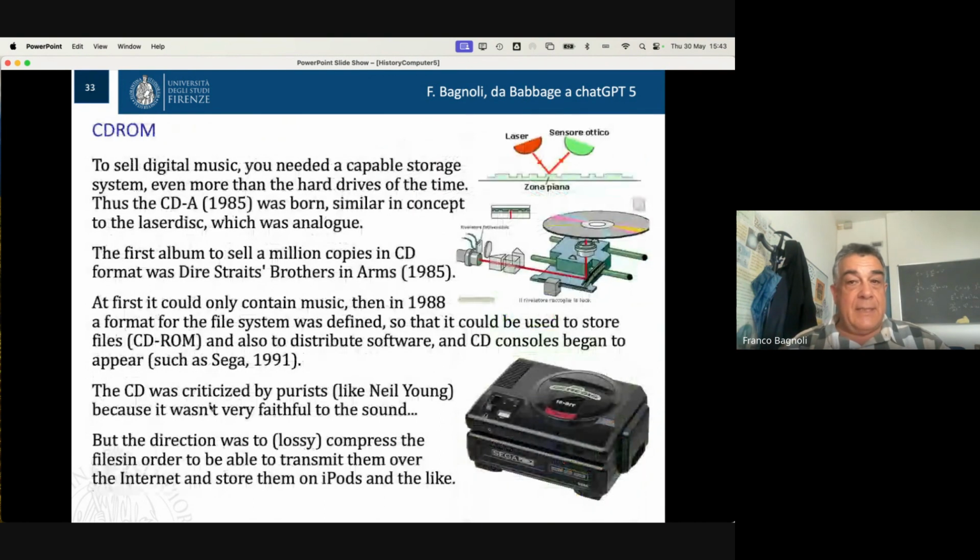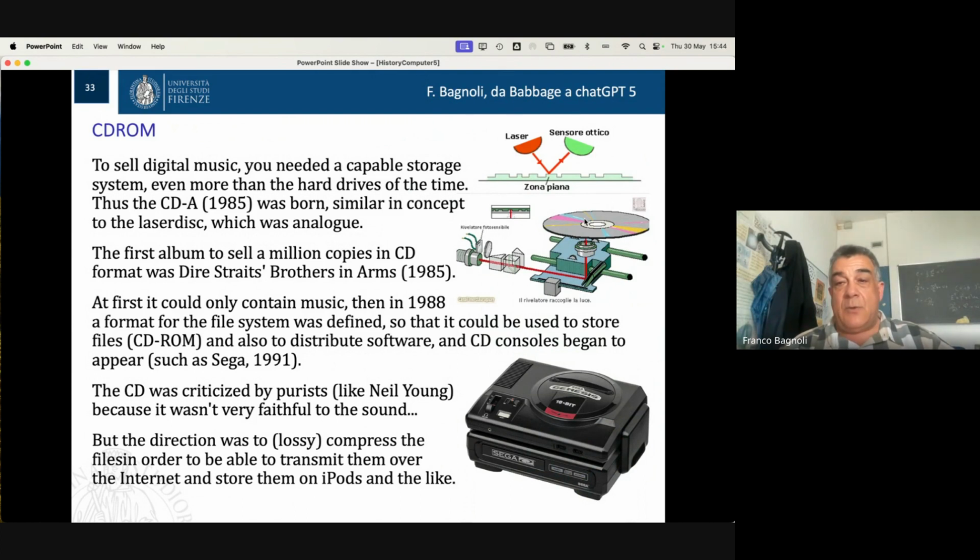And another revolution that lasted a bit more, but not so much, was the CD-ROM. Clearly, it was a digital revolution because you could replace the old analog long playing disc with the digital one, which had advantages and disadvantages.